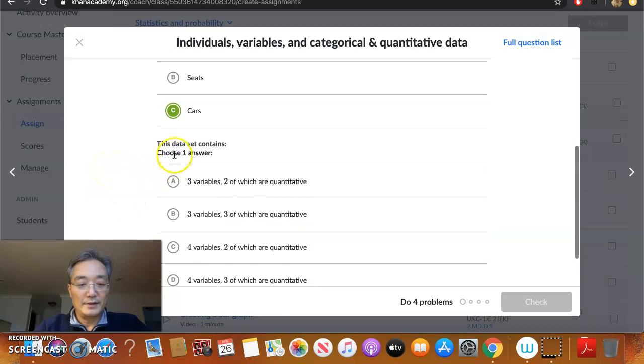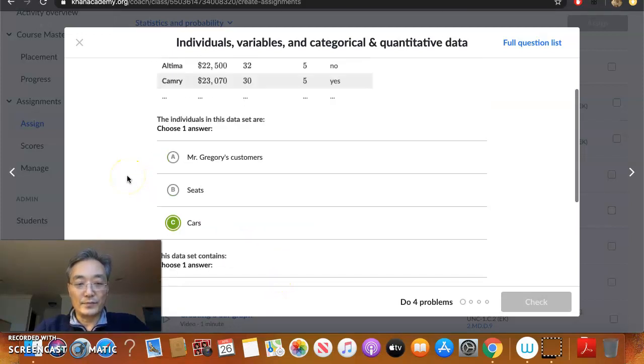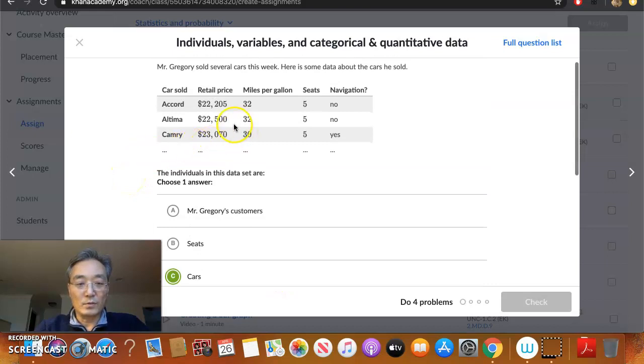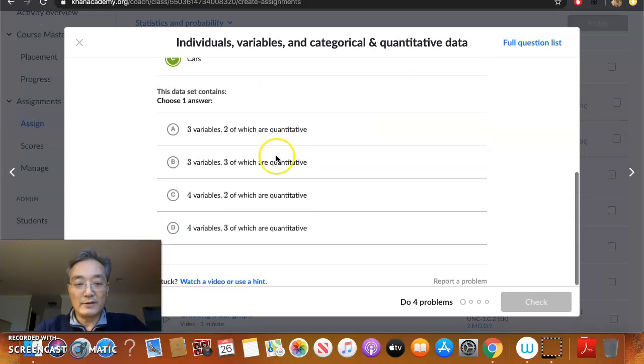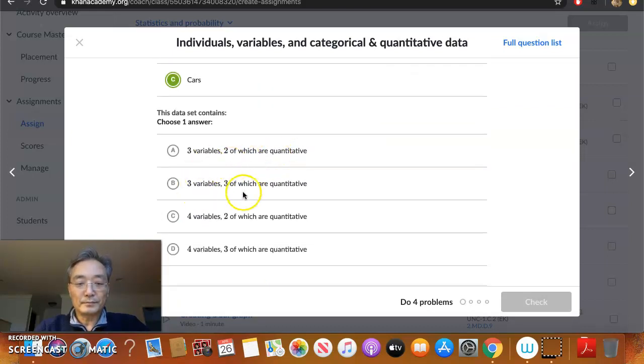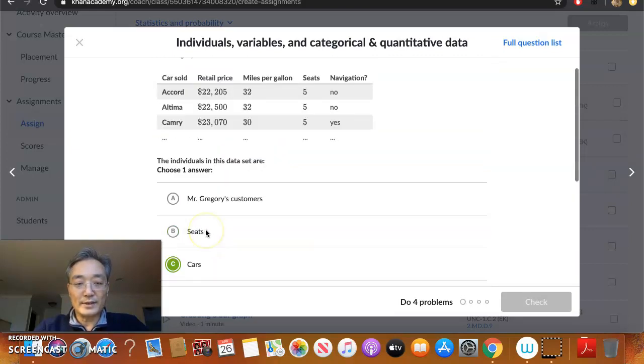And then this data set contains, choose one answer, how many variables and how many of them are quantitative? So let's look. How many variables are there? Well, we have the retail price, the miles per gallon, the number of seats, and whether it has or doesn't have navigation. So there are 4 variables. And out of the 4, how many of them are quantitative?